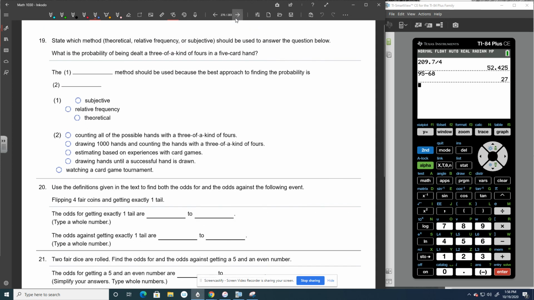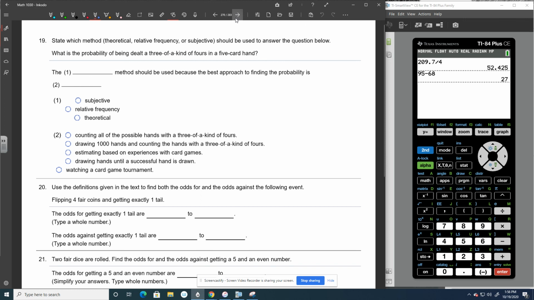Okay, 19. State which method, theoretical, relative frequency, or subjective, should be used to answer the question below. What's the probability of being dealt a 3 of a kind of 4s in a 5-card hand?